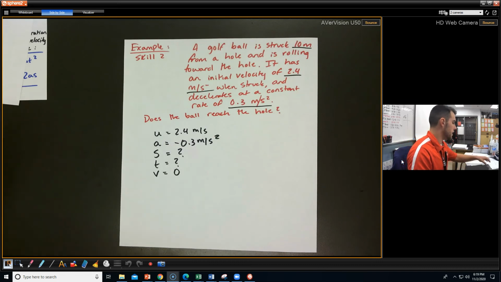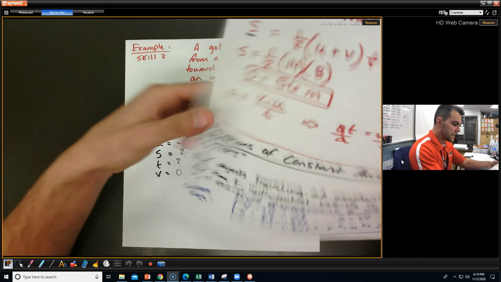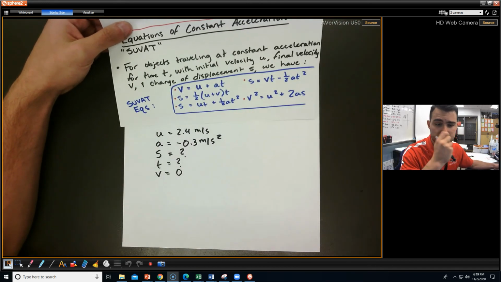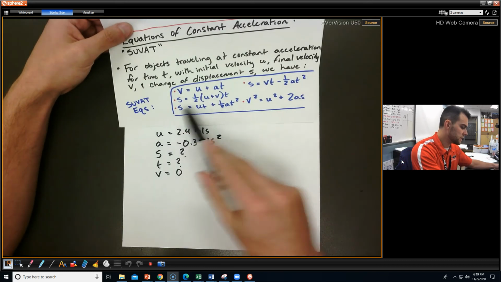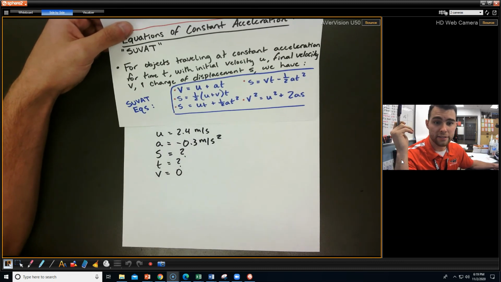Let's look at our SUVAT equations and see what we can come up with. Because we need to find the displacement of this ball to see if it's 10 meters, we're going to have to use a displacement equation, one of these three. Unfortunately, they all incorporate t.